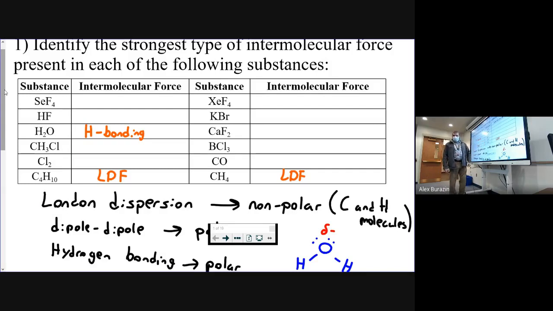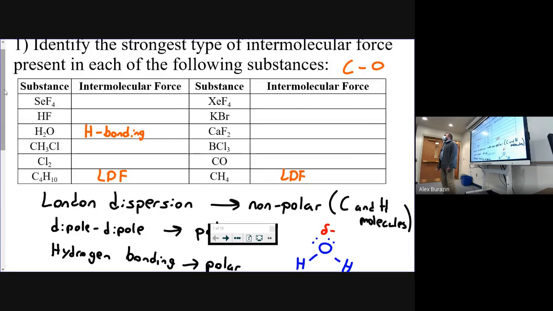Carbon monoxide. That's nice and easy, I think. I've got a carbon, I've got an oxygen. I forget, but is that double bonded? That'll be double bonded, I think. Doesn't matter. Even if it's single bonded, who cares? I've got a carbon, I've got an oxygen. Polar or nonpolar?